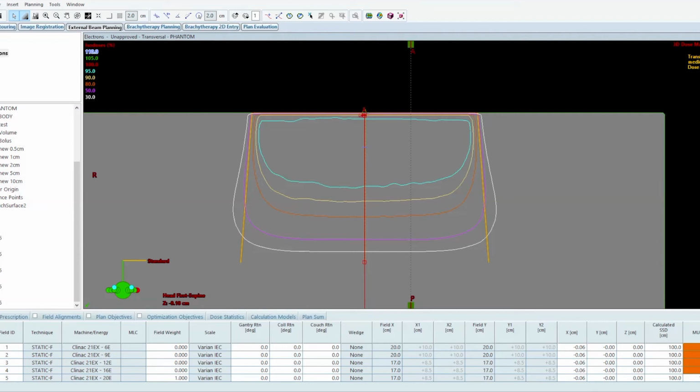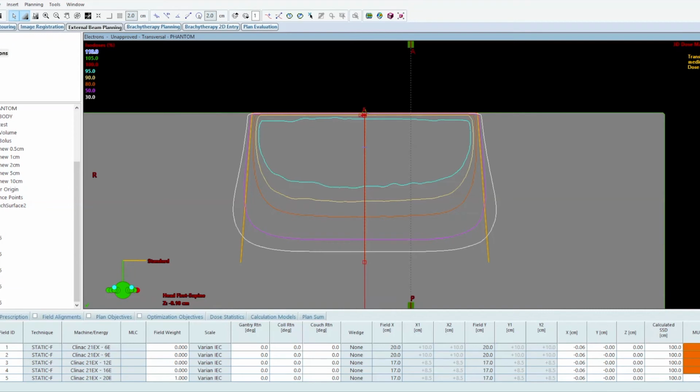As far as isodose lines go, you can see that I'm treating a very, very large region here. I still have 30% dose that's almost 10 centimeters deep within the patient.